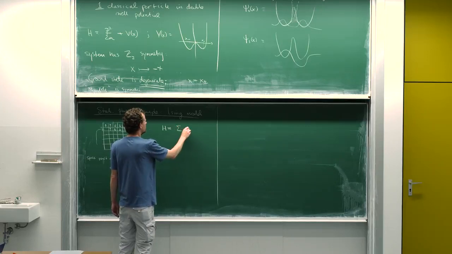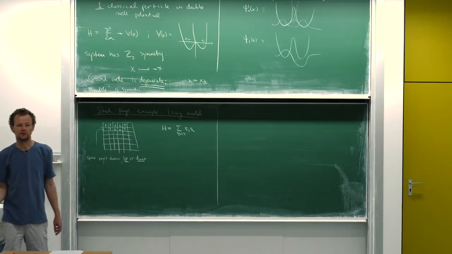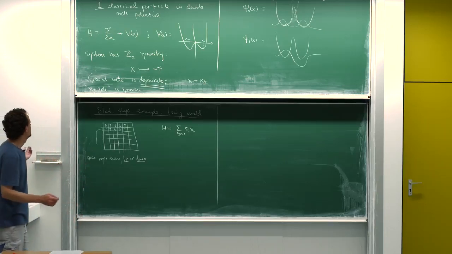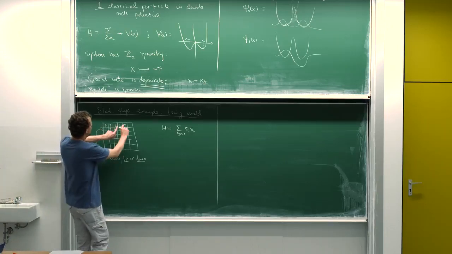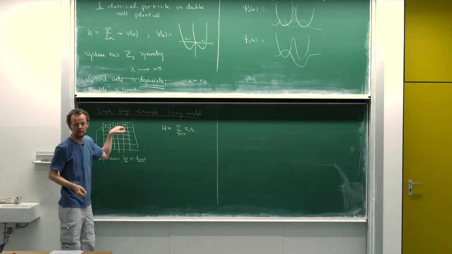And so the Hamiltonian for this model is a sum of terms which penalize you if the spins are anti-aligned and don't penalize you if they are aligned.